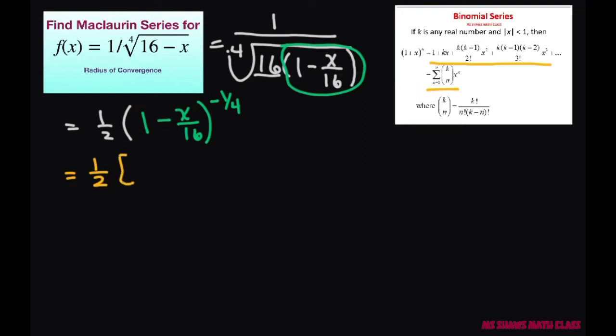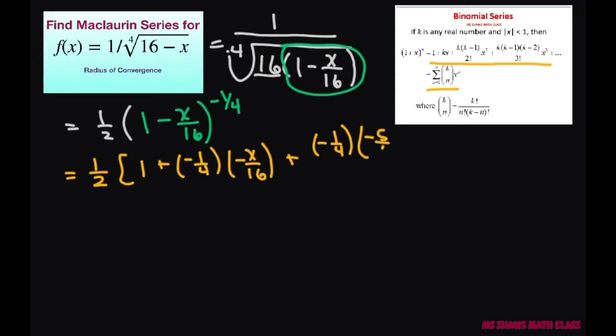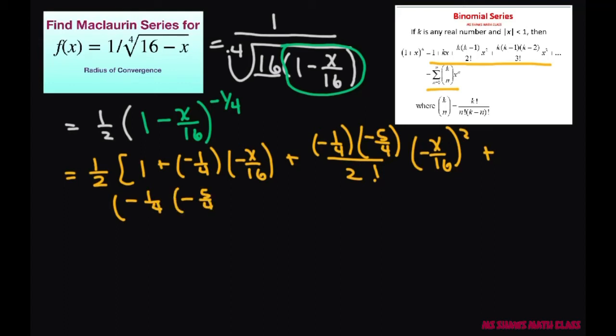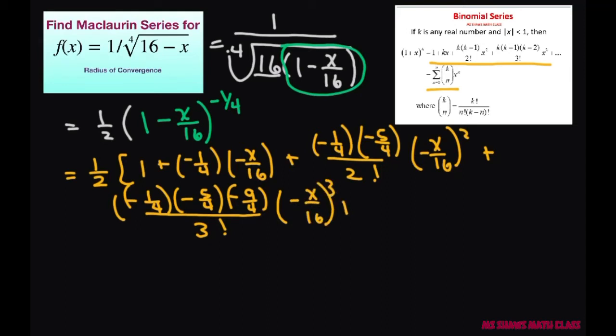So that's going to give me 1/2 times 1 plus negative 1/4 times negative x divided by 16, plus negative 1/4, and you subtract 1, so that's going to be negative 5/4, divided by 2 factorial times negative x divided by 16 to the power of 2, plus we're going to have negative 1/4 times negative 5/4 times negative 9/4, all divided by 3 factorial times negative x divided by 16 cubed, and then so on.